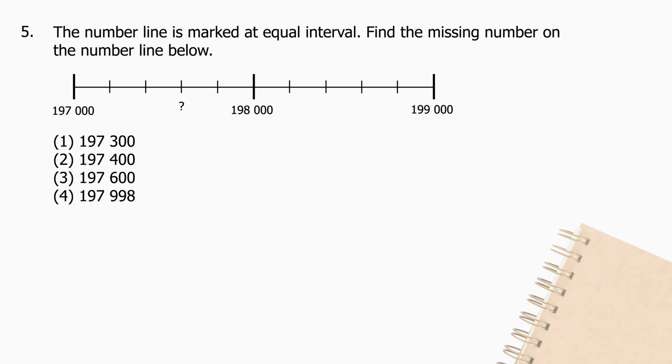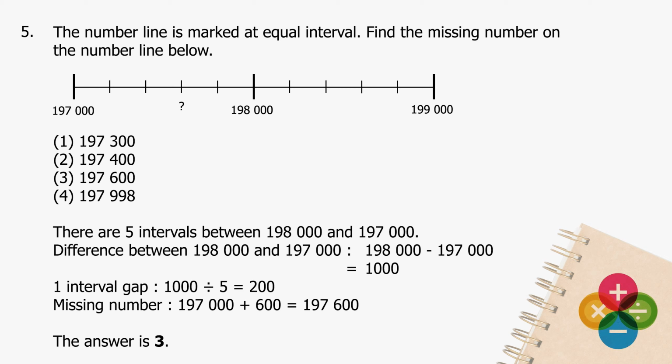Question 5. The number line is marked at equal intervals. Find the missing number on the number line below. There are 5 intervals between 198,000 and 197,000.